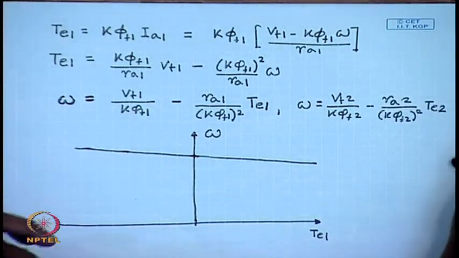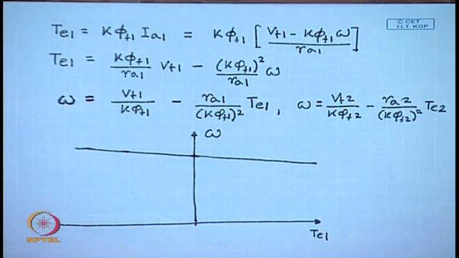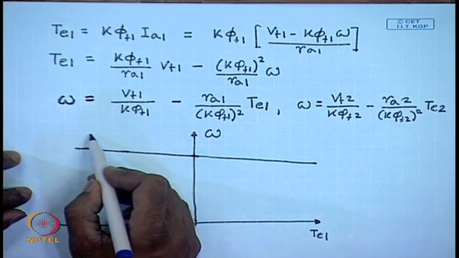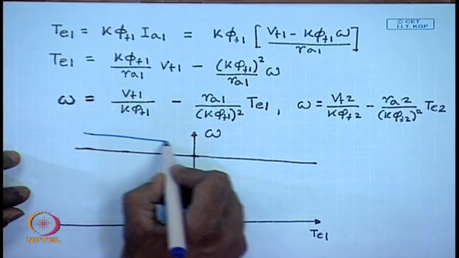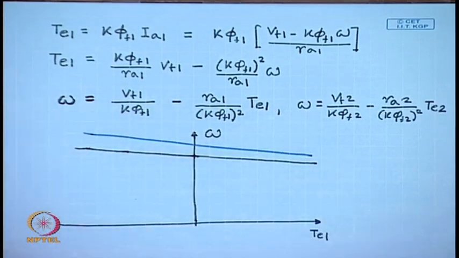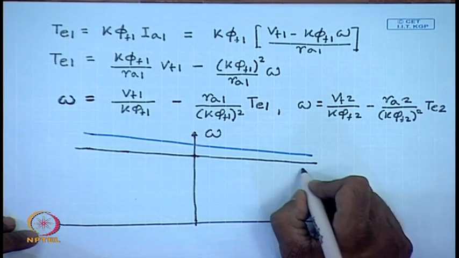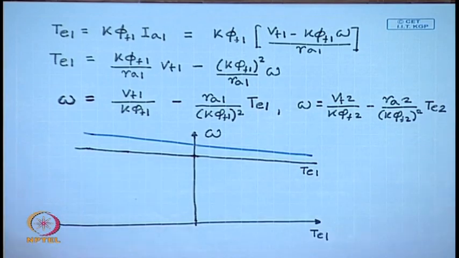And if I plot that, that may be looking somewhat like this. This is T_E1, this is T_E2.